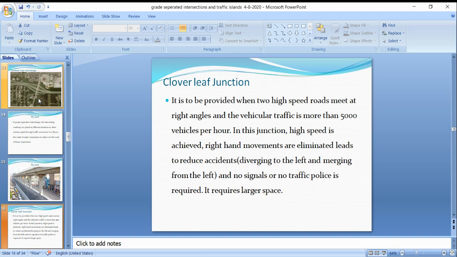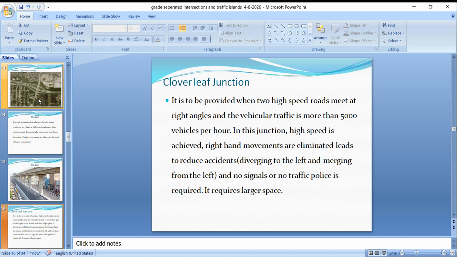So here are the points to be considered. First is high speed, next the roads meeting at right angles, and more than 5,000 vehicles per hour. Then, to handle that traffic, we will go for the clover leaf junction. In this junction, high speed is achieved, right-hand movements are eliminated, which leads to fewer accidents.